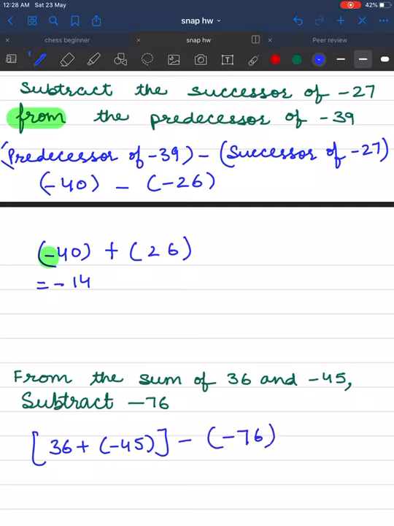Now let's solve. Here the two integers have opposite signs, so I find the difference of their absolute values. So 45 minus 36 is 9, with a minus sign because the greater absolute value has a minus sign with it.